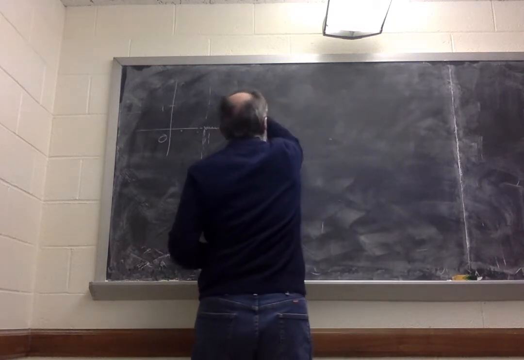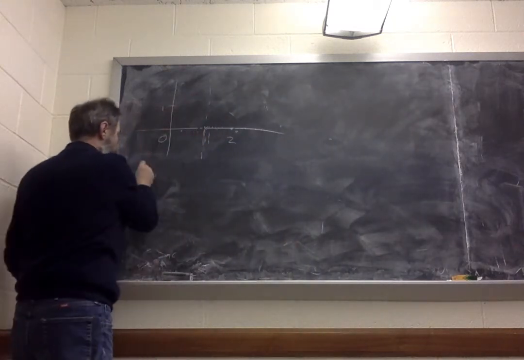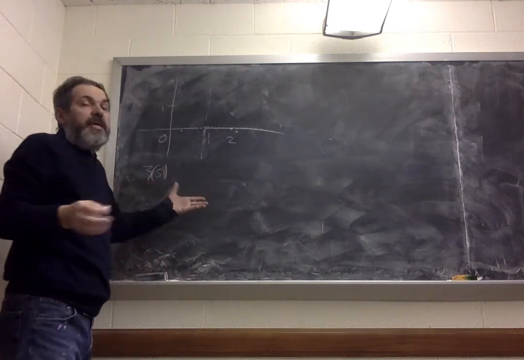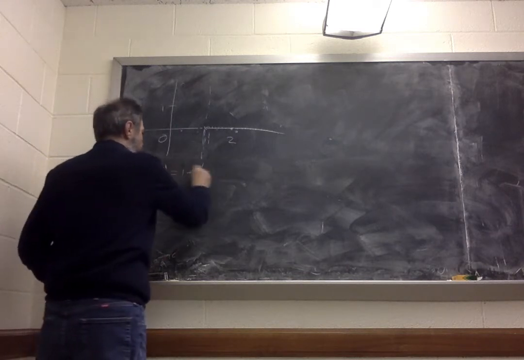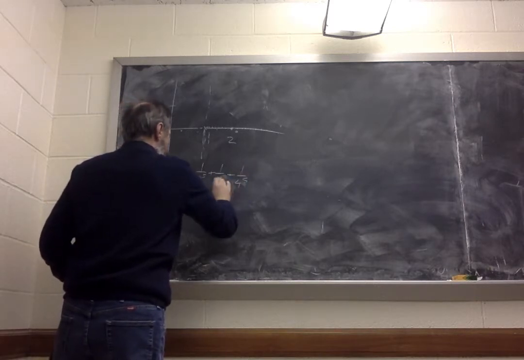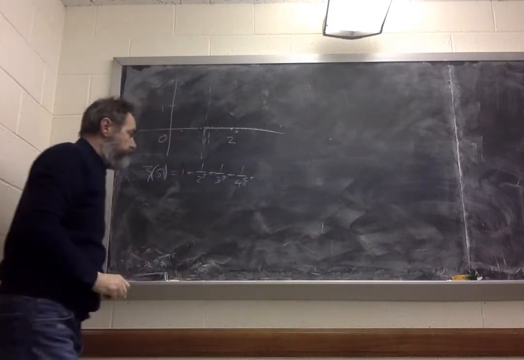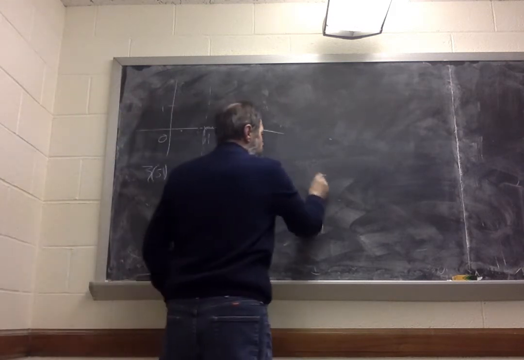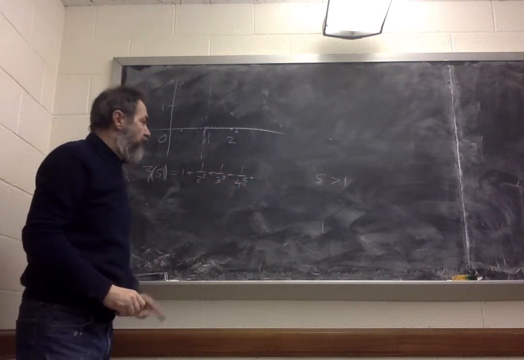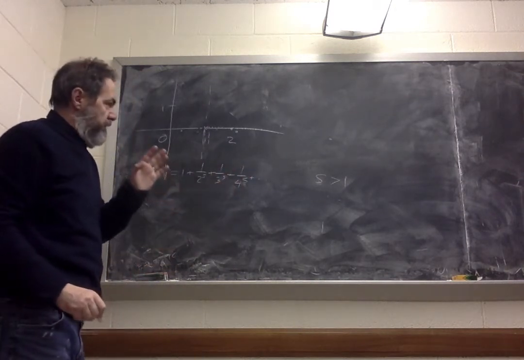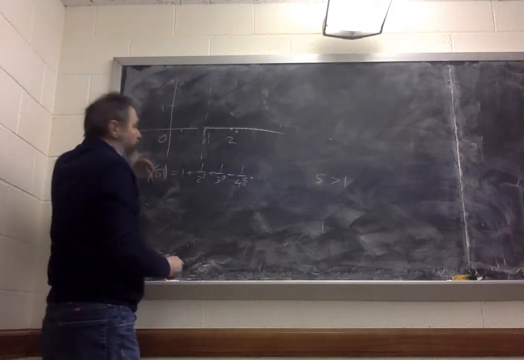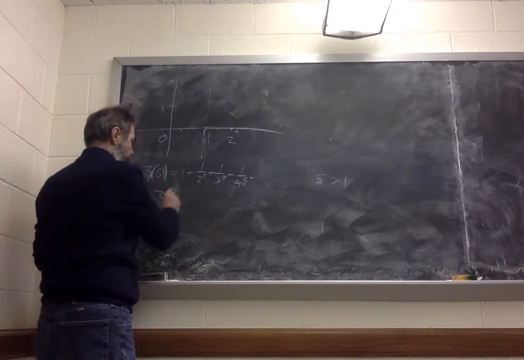I don't say that he used the same notation, but he did consider this function, 1 plus 1 over 2 to the s plus 1 over 3 to the s plus 1 over 4 to the s and so on. And he worked only with s larger than 1, real numbers. He knew, of course, that something bad happens when you let s decrease to 1. We cannot compute zeta of 1.